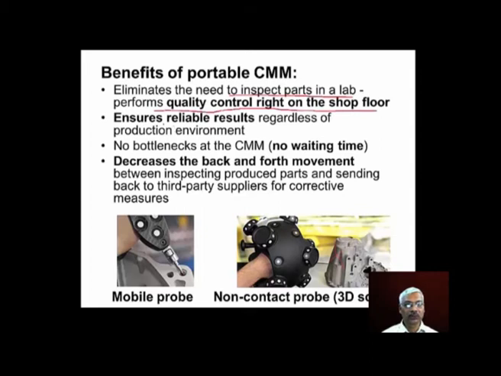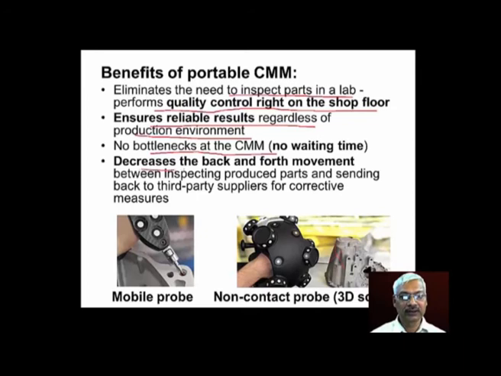This portable CMM ensures reliable results regardless of production environment. That means even if vibration or a dusty environment is present, regardless of that, it gives good results. No bottlenecks at the CMM, so no waiting time at the coordinate measuring machine.